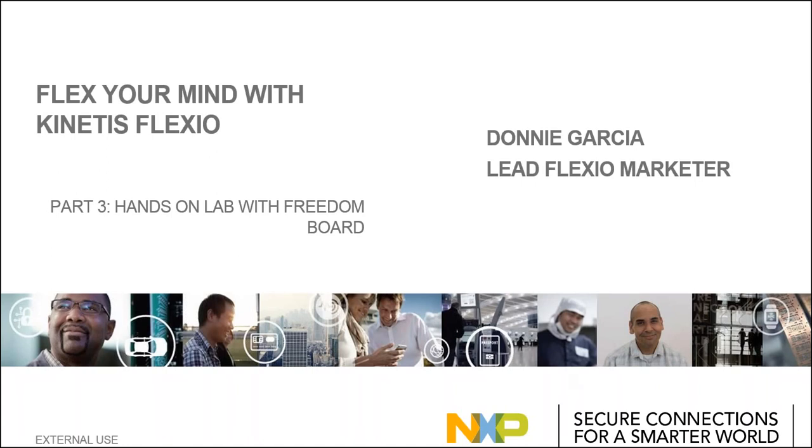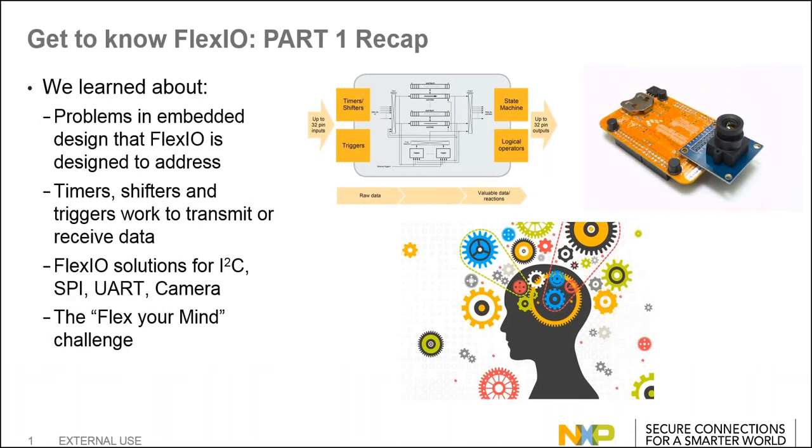Before I get started, I just want to recap a couple of things from the previous webinar. We had our first webinar a couple of weeks ago, and that's where we learned about the problems in embedded design that the FlexIO is designed to address. We learned the details of the FlexIO block itself, the timers, the shifters, the triggers, and how they all work together to transmit and receive data.